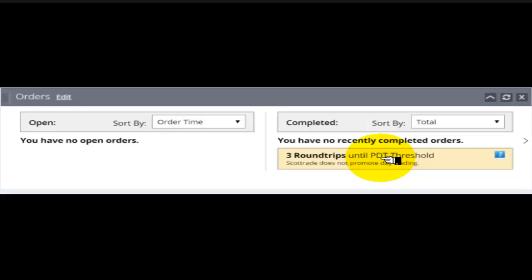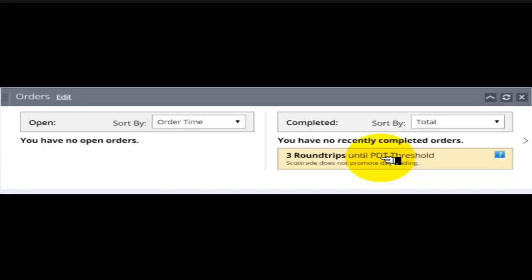It has to stay there at all times. If you do not have $25,000 in marginable cash sitting in your account at all times, you will not be able to just day trade unlimited, because they're saying you're technically undercapitalized for day trading.